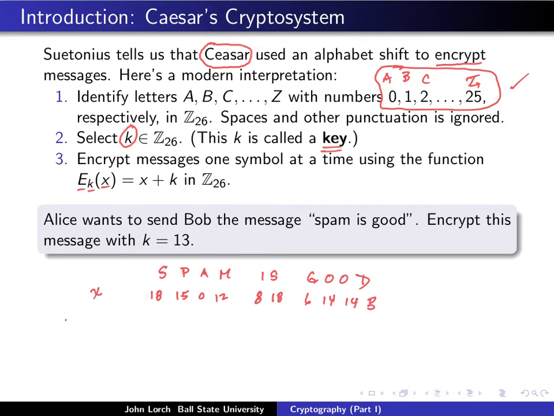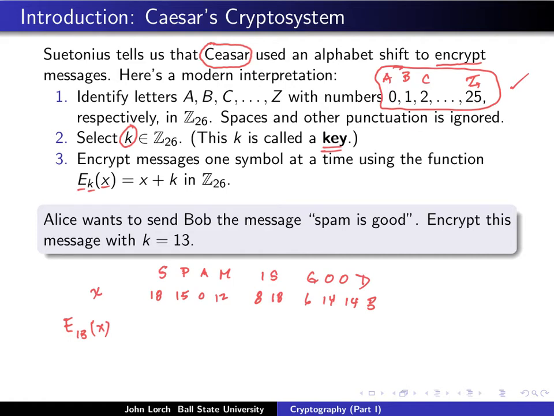And now what we're going to do is compute E13 of X for each one of these. That is, we're going to take every single one of these numbers and add 13 to it inside of Z26. So first, when I take 18 plus 13, I get 31, but inside of Z26, that's equal to 5, right?